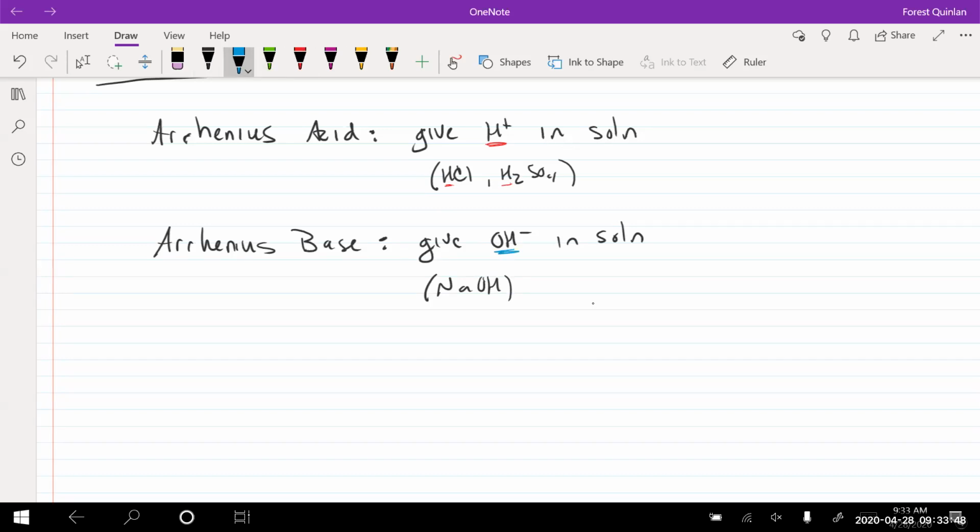Now, of course, neutralization, what do we make? We make water, or HOH. So again, these two definitions shouldn't be any surprise to us, but now it might make sense as to why they did what they did in the reactions for neutralization.